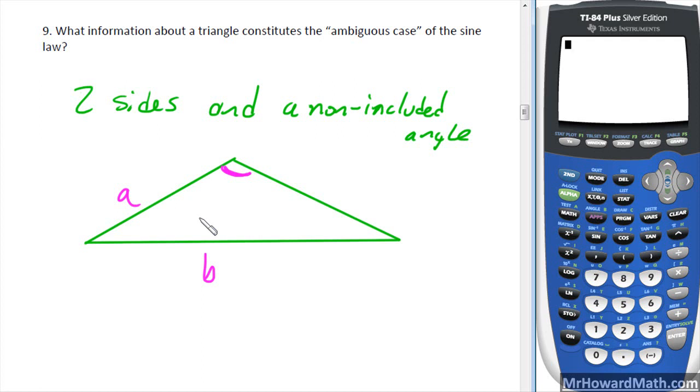You could also get an error through the process, meaning the side length that you were finding would not work. The given information made it impossible. And the third case was you had to solve two triangles. So the shortcut is, when you're finding the angle measure with law of sines, you have to be careful of those three possibilities. And it depends on what information you get as to which case you have.